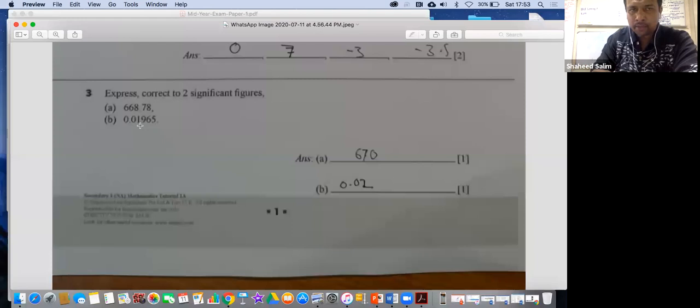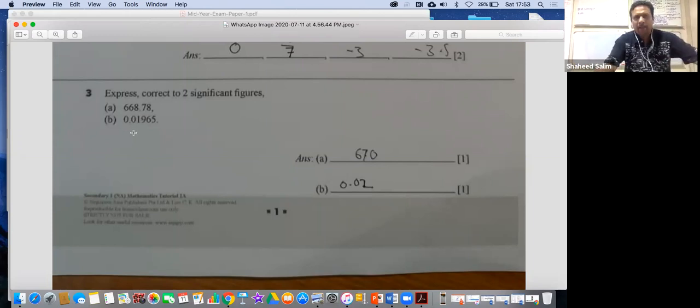This is 1 significant figure, this is 2 significant figures. So it's 0.020. The 0 in the beginning part of the decimal, you don't count as significant figures.